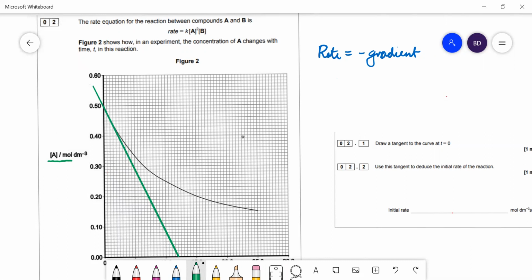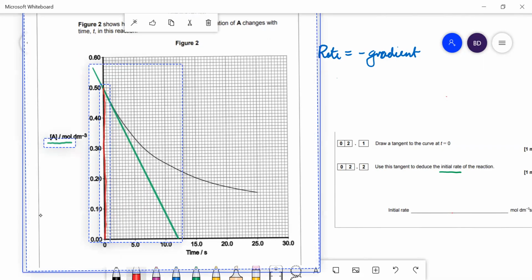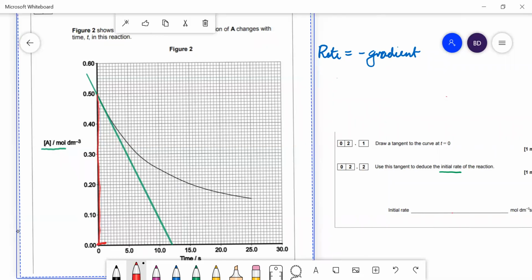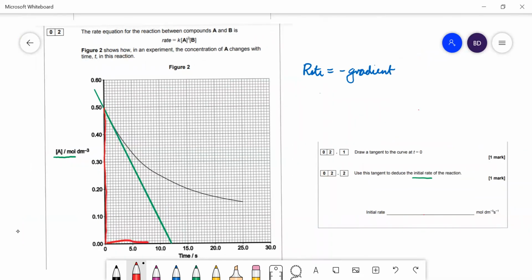And use this tangent to deduce the initial rate. We've got to find the gradient of that tangent. Okay, so I'll draw some construction lines. I'm going to use this red triangle to work it out. So the gradient m is the change in y over the change in x.